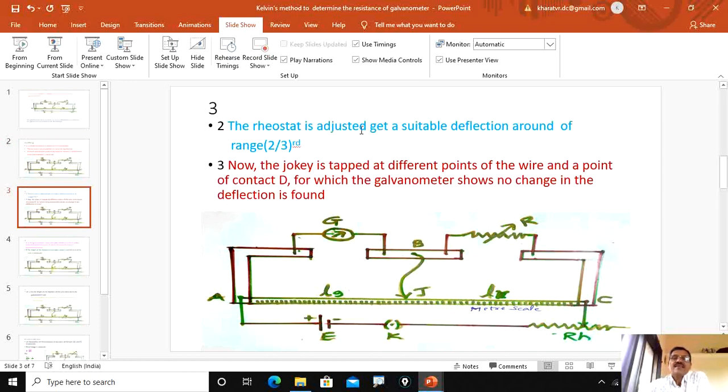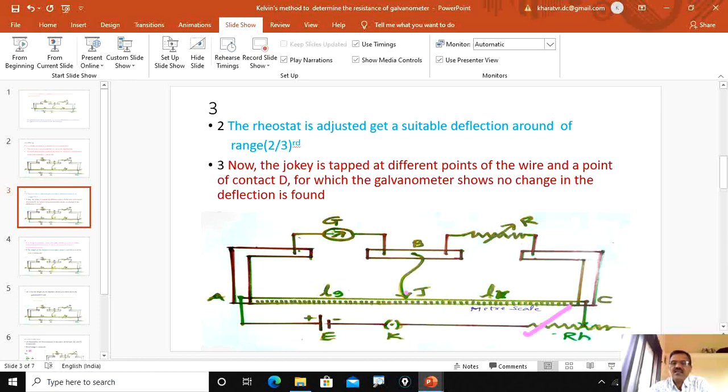Then the rheostat is adjusted to get a suitable deflection of around 2/3 of its range. Now the jockey is tapped at different points of the wire.